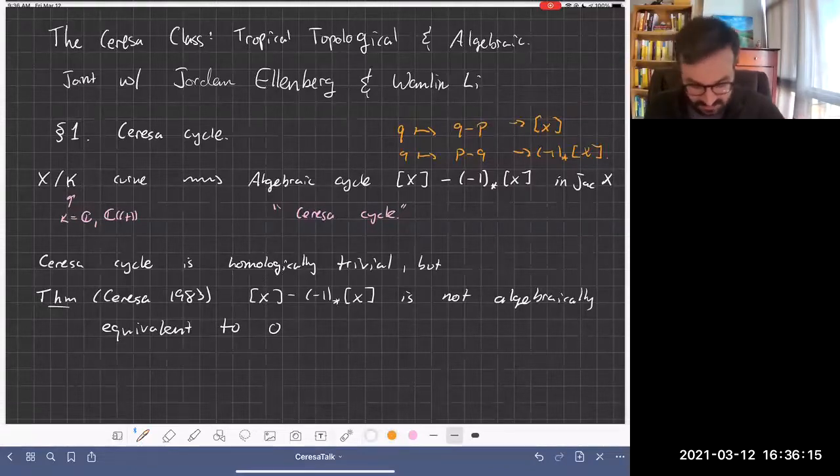Okay, so the theorem from Ceresa in 1983 was that this algebraic cycle is not algebraically equivalent to 0 for a very general curve X of genus at least 3.